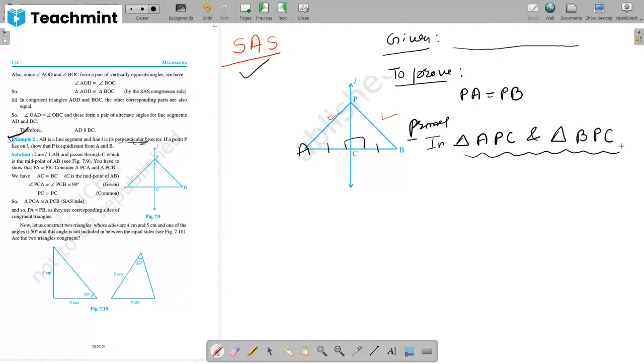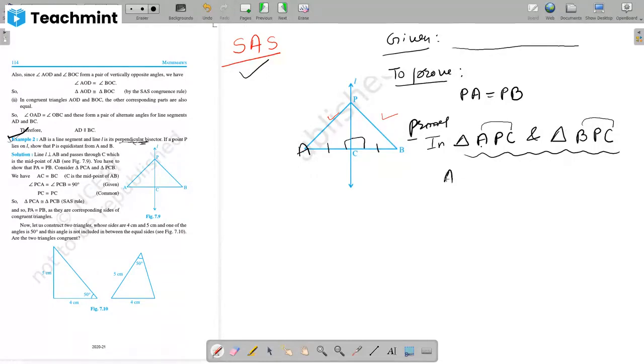For example, you cannot write PAPC and CBP. So from the beginning we will write in the same order, so that we can easily prove that the two triangles are congruent. From here we can easily see which two sides are equal and which angles are equal. So here, when you see the sides AC and BC, are they equal?